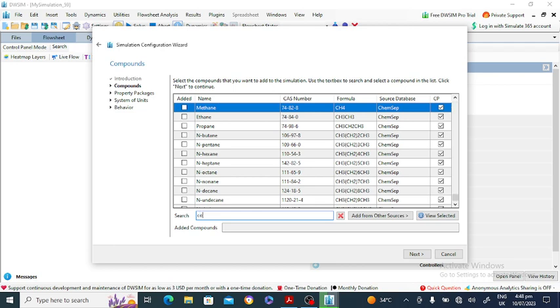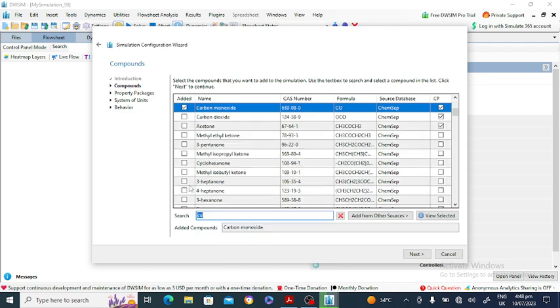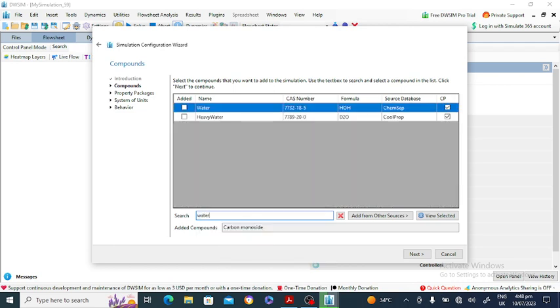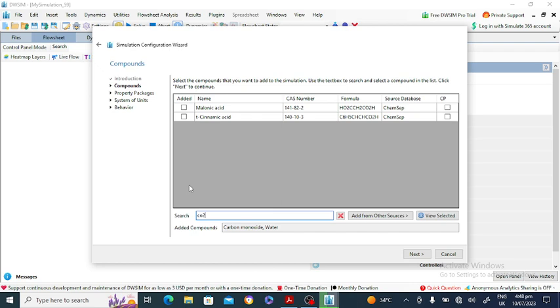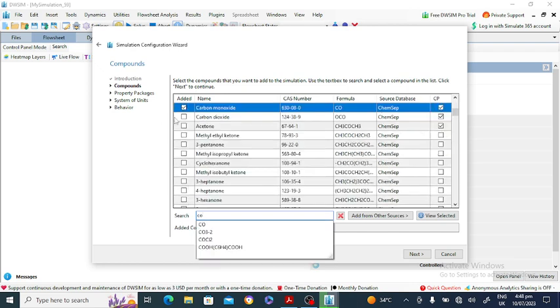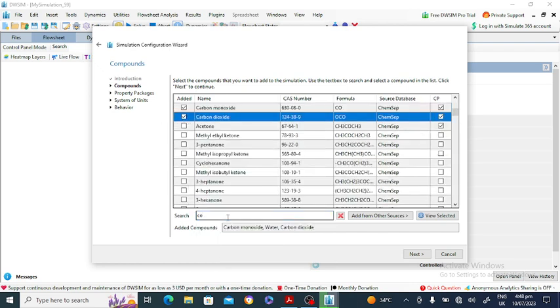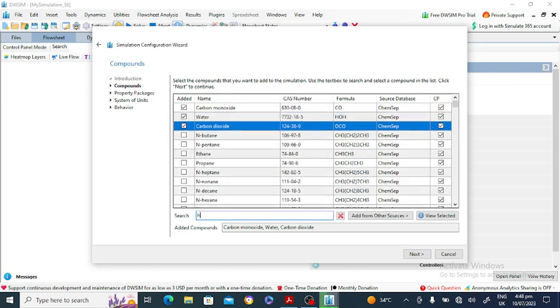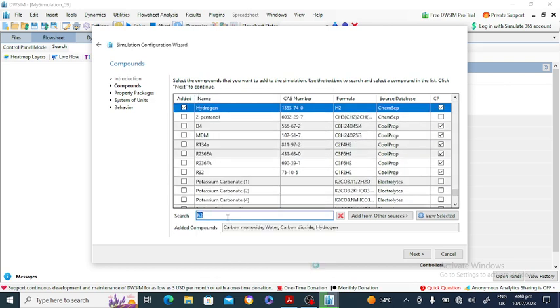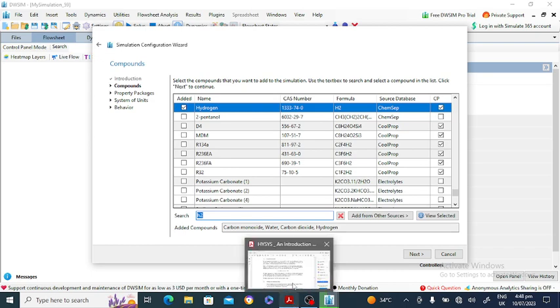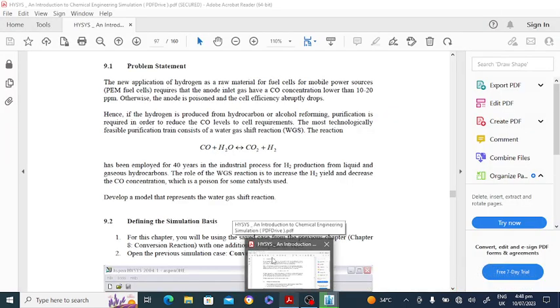Carbon monoxide reacts with steam in the form of water, and it produces carbon dioxide and hydrogen gas. So: carbon monoxide, steam, carbon dioxide and hydrogen.